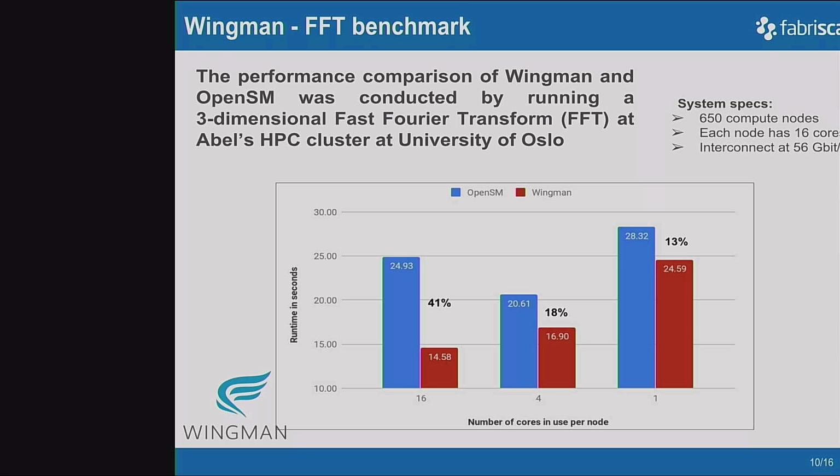It's 650 nodes, and using 56 gigabit FDR. And we were actually able, when we were using 16 cores per processor, we could show a 41% application speed increase when we were running our subnet manager compared to the open source subnet manager.